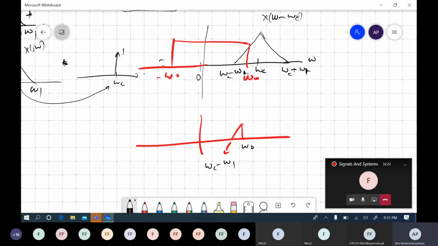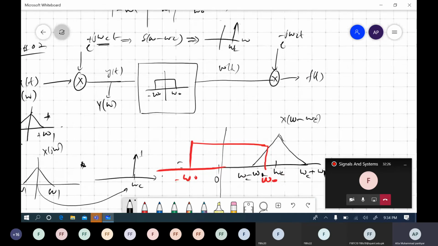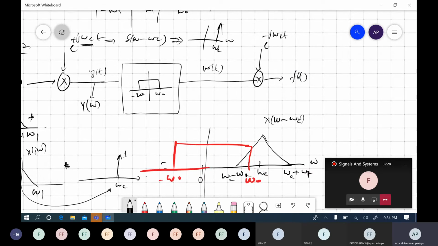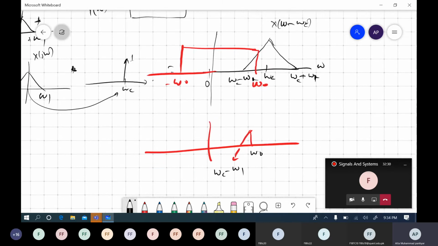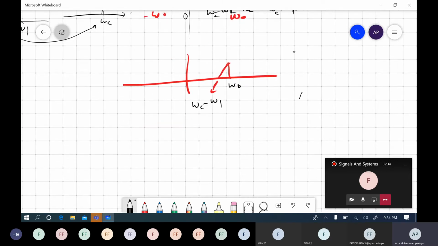Now after passing it through the low pass filter, we wanted to shift it again. So we want to convolve it with an impulse function in the frequency axis that is available at minus omega c.